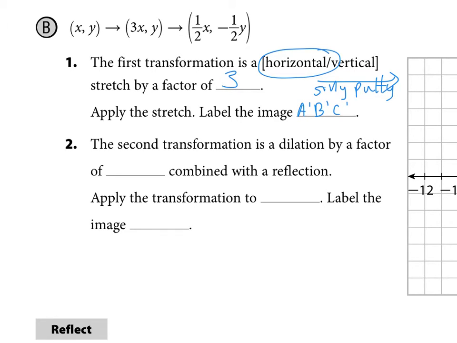And then when we apply our second transformation, that's this second set of coordinates up top here, that is a dilation, and that's when we scale both the x and the y by a factor of, it looks like, 1/2. So in that case, it's actually going to take half of each coordinate, so it's going to shrink down in size after we've stretched it horizontally, and combined with a reflection.